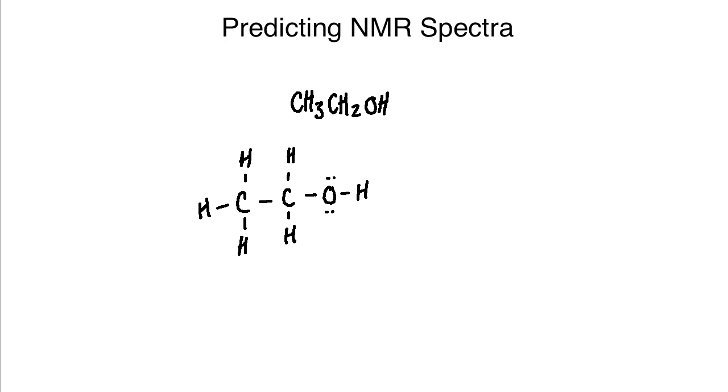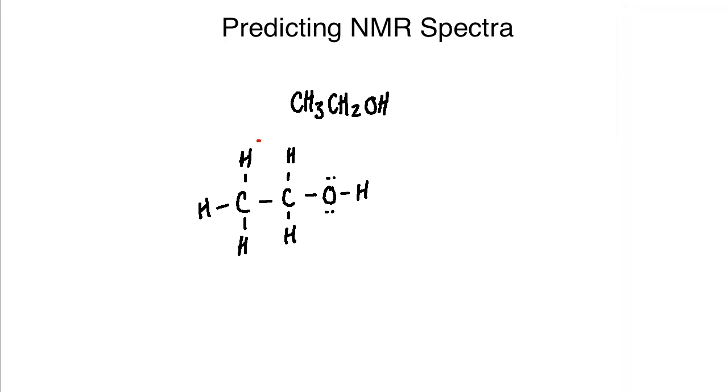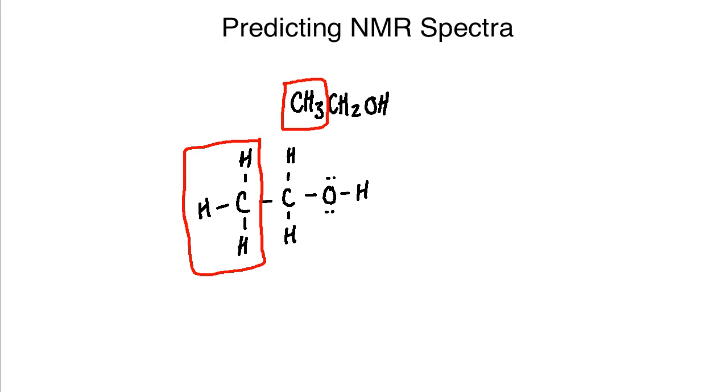So what do we see here? Well, the way that we're going to break this down is we're going to analyze each little chunk, and then we are going to attempt to assign it somewhere along the NMR spectrum. So here is the first chunk. I've got a CH3 group, right? And I'm going to use different colors to switch back and forth between these so that it's very clear what we're working with.